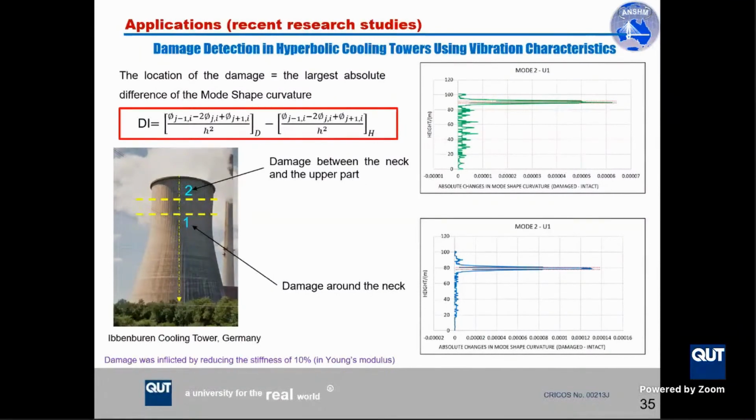In both cases, the locations of damage are clearly identified with this approach. This is the location of the damage in between the neck and the upper part, and this is the prediction of the damage around the neck.